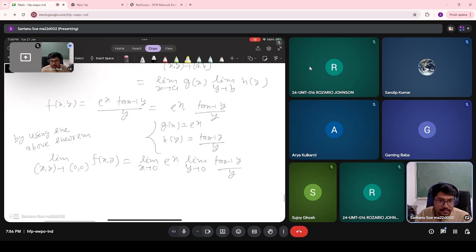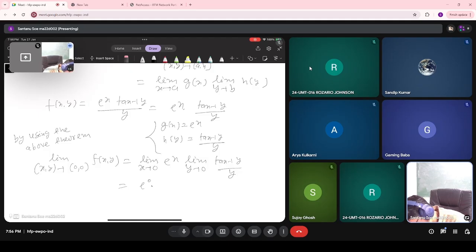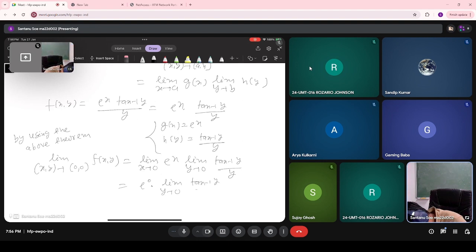Since both limits exist, I can write the limits separately. Correct. Now this limit is e to the power 0 multiplied by limit y tends to 0 of tan inverse y by y.